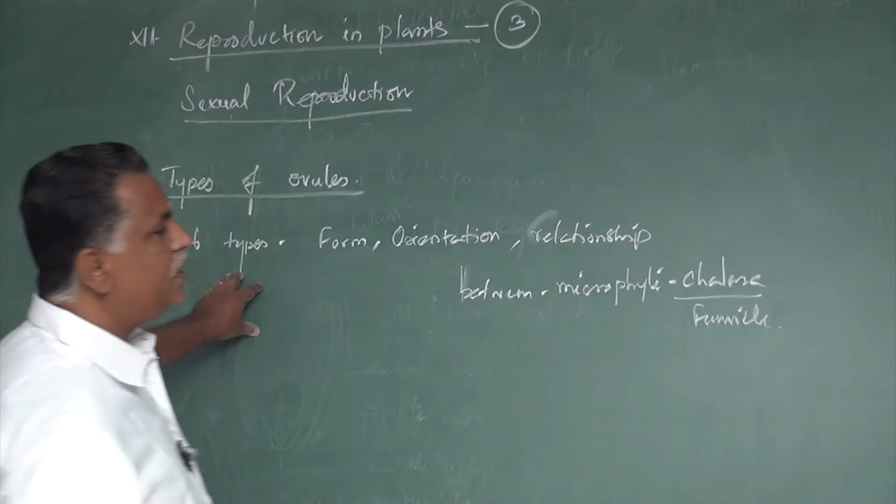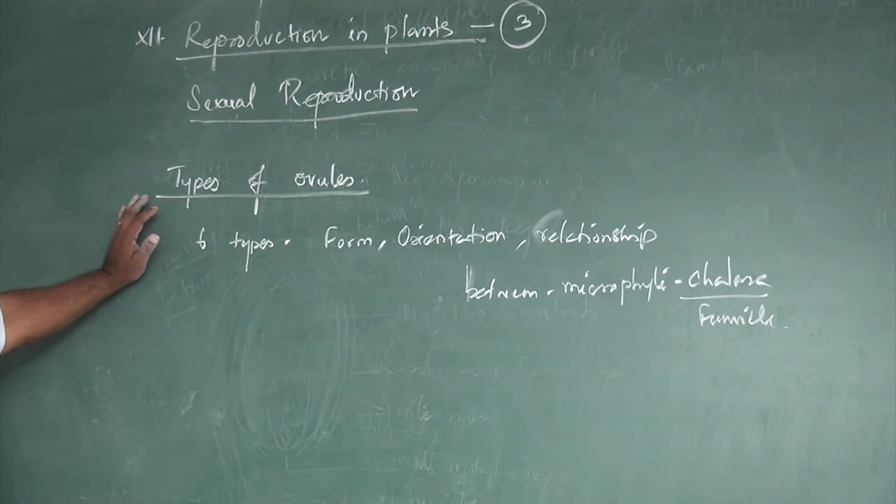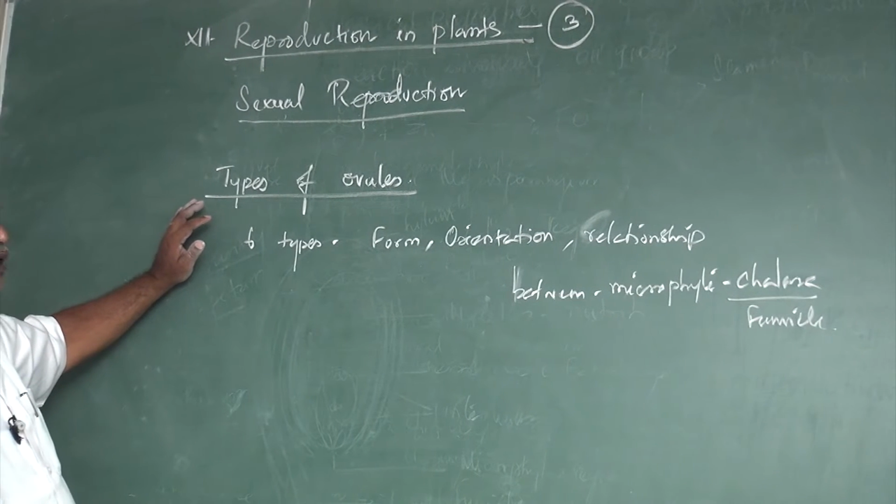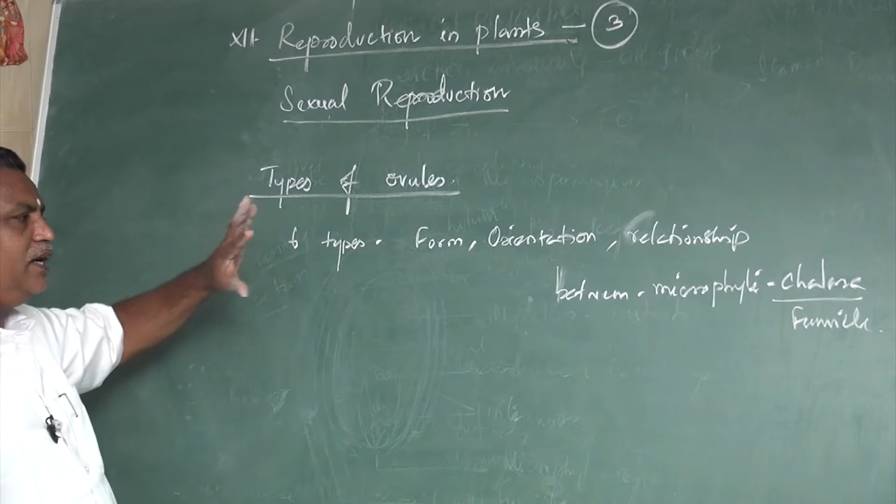So based on the form, orientation and relationship of the micropyle with the chalaza and the funicle, they have divided ovules into 6 types.